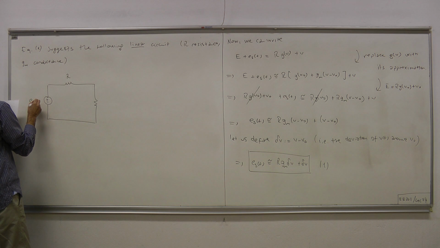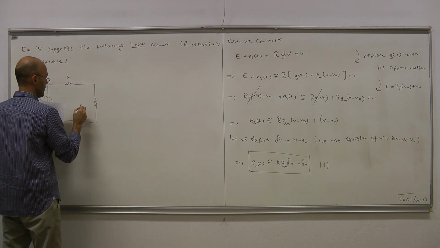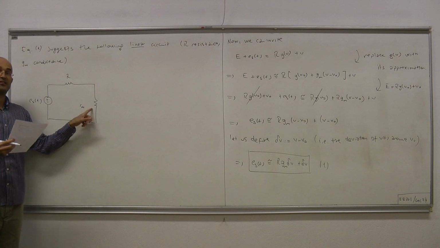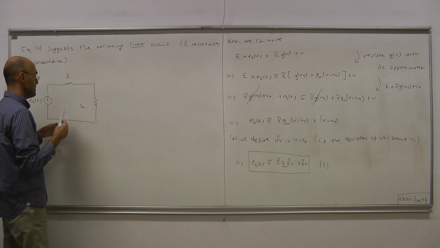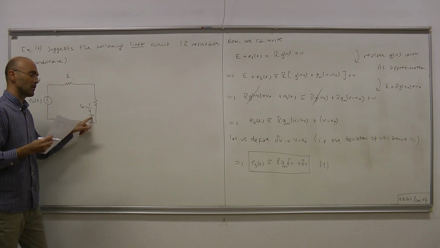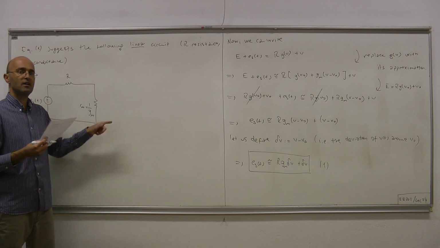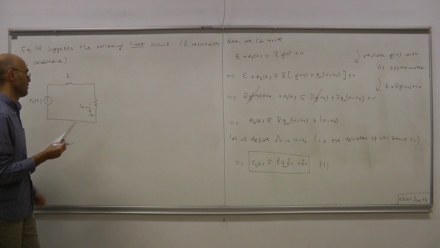Here we have the source Es of t, and another LTI resistor with resistance Rn, where Rn is 1 over the conductance, and the conductance is the slope of the curve I equals G of V at the DC operating point V equals V0.